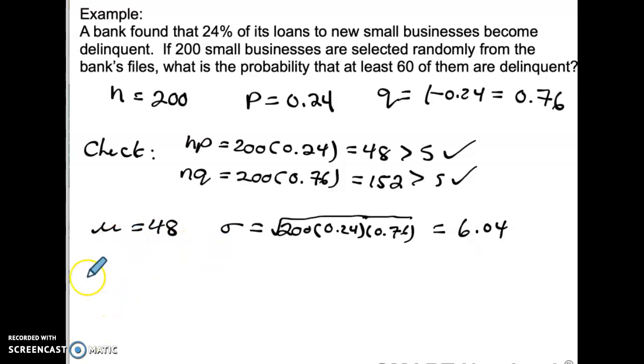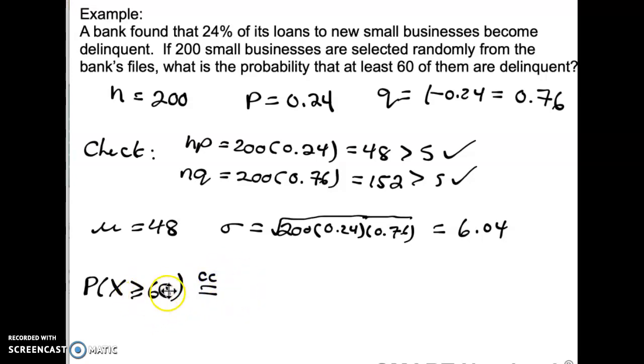And now it becomes, once again, exactly like the problems from last day. We're finding the probability at least 60 of them are delinquent, so that's x is greater than or equal to 60. And then we have to turn that into the continuity correction.